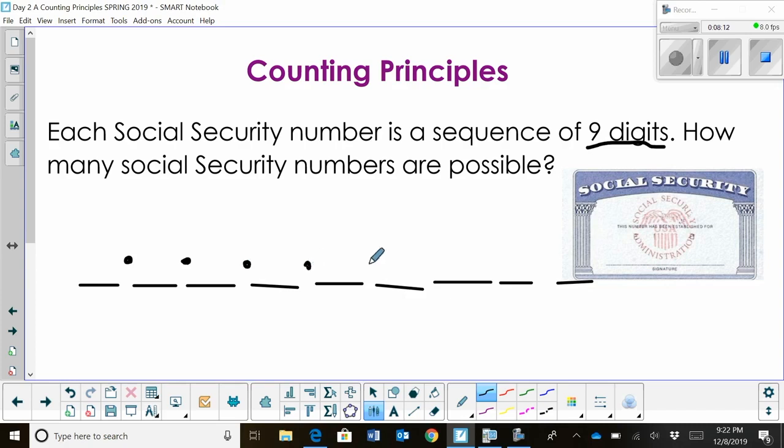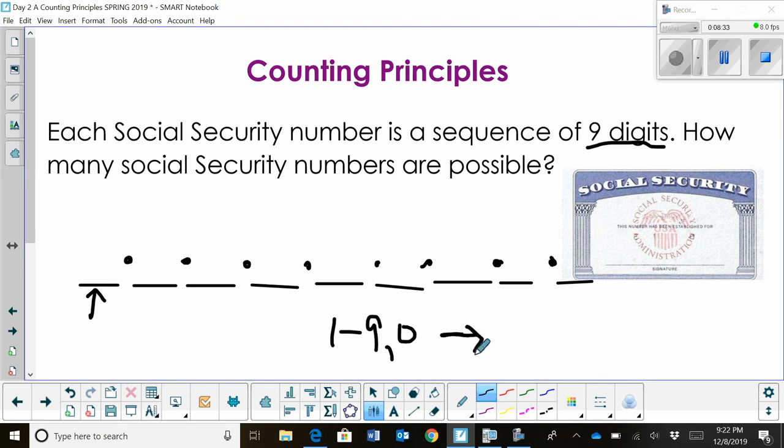So I've got to start thinking how many different ways can I pick the first digit? Well, I have the numbers 1 through 9, plus we can't forget about a 0. A 0 counts also.